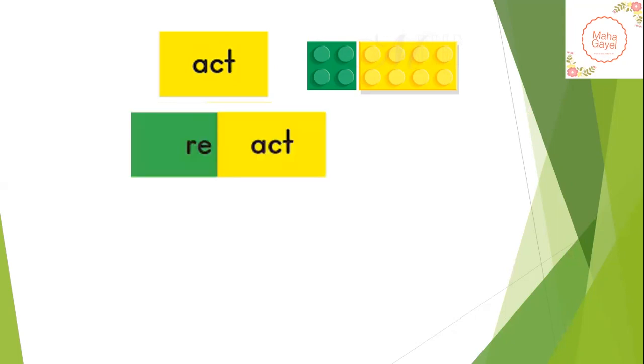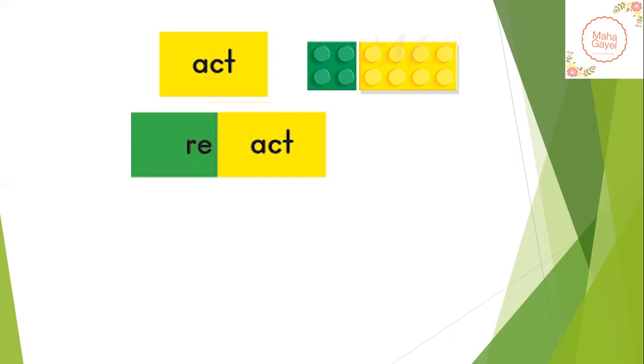So here I am adding a syllable or a group of letters before the root word. So what is the result now? The result is that I'm going to have a totally new word. Here I am adding a syllable, a group of letters, sometimes even just one letter.